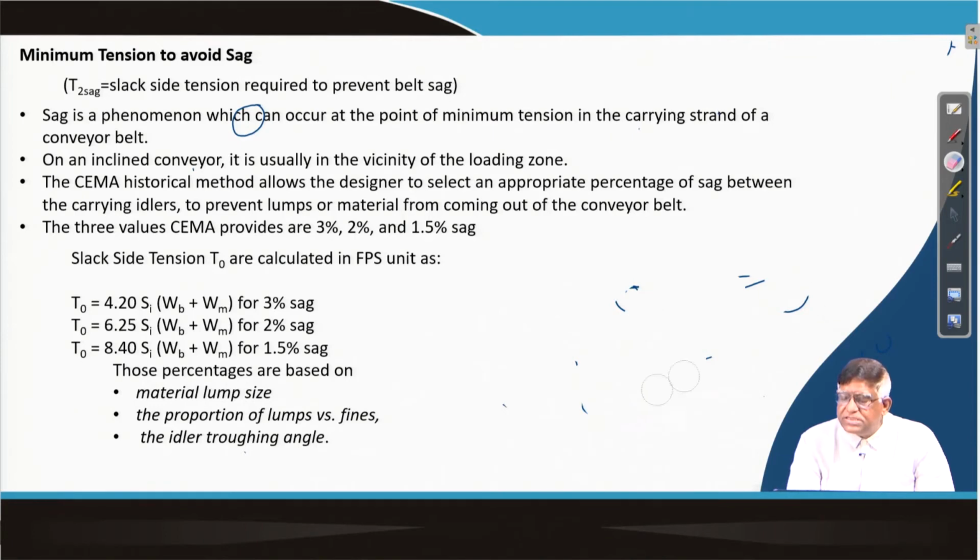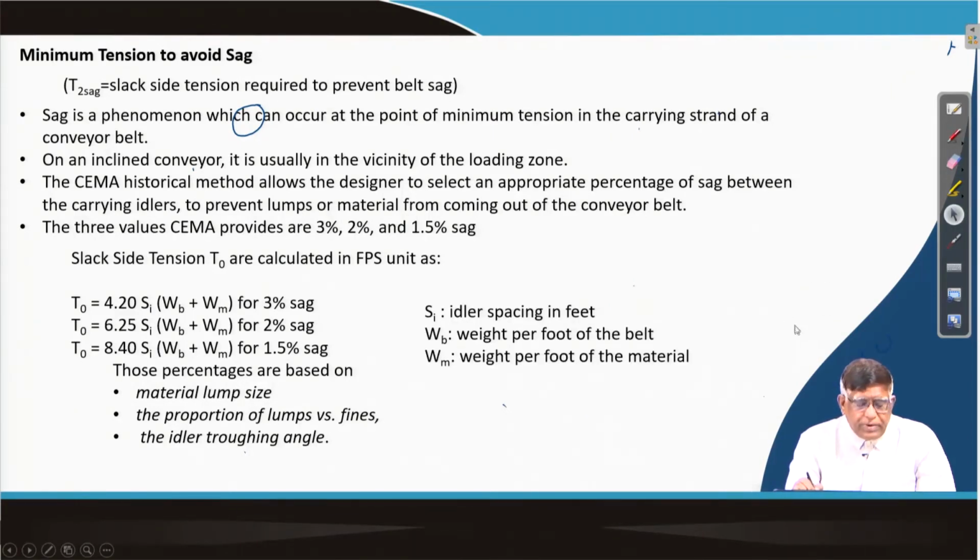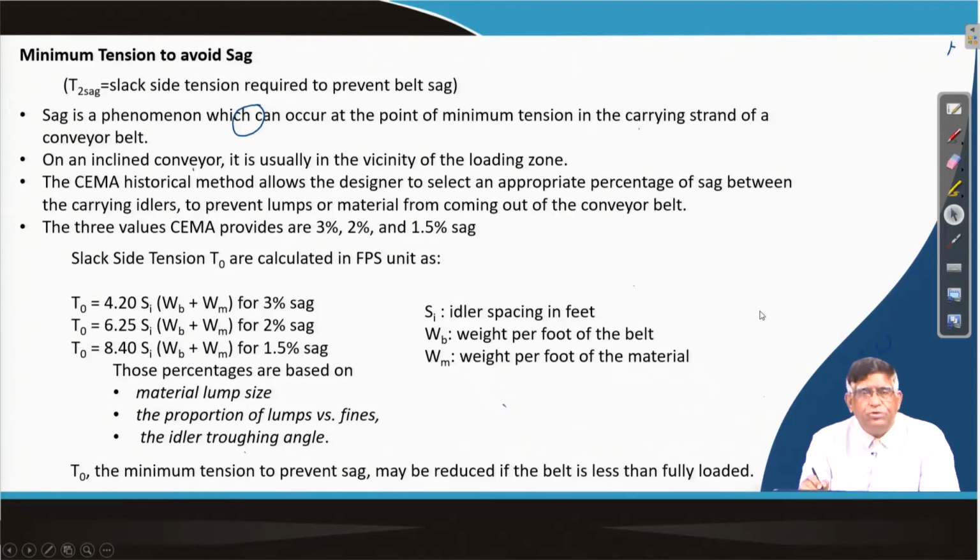Once this is determined, the idler spacing also needs to be calculated. The handbook gives, for a particular drive, what the distance between two support rollers should be, because if the sag is more, the force requirement will also change.